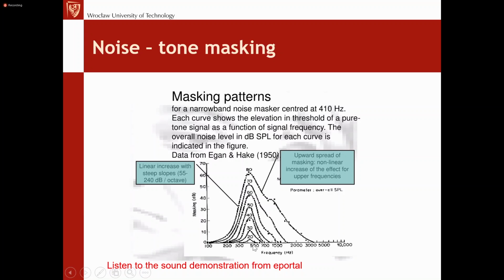So the efficiency of the masked signal of the frequency of 1.5 kilohertz is equal to 0. And so it means that the masking occurs only in a narrow band of the noise.